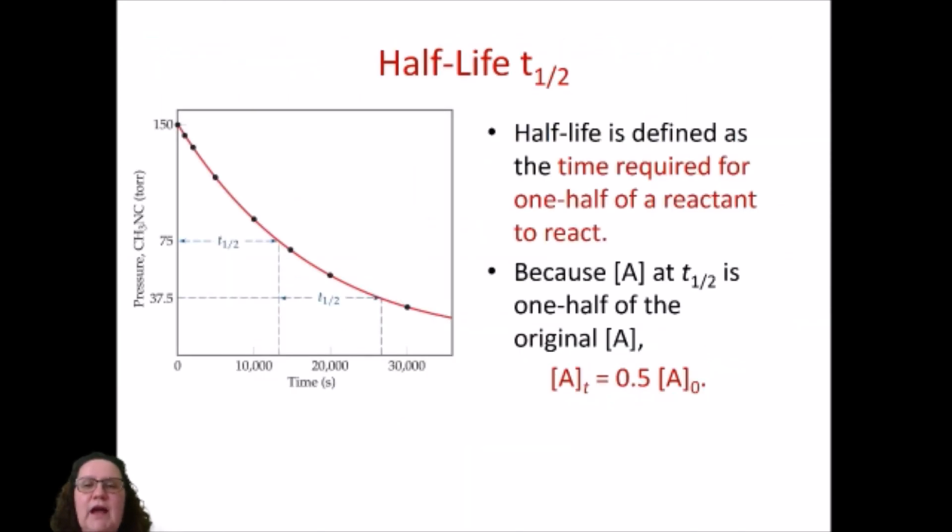Half-life, or t1/2, is defined as the time required for half of a reagent to react. So the concentration of the reagent at t1/2 will be half the original concentration. With this information, and using the different rate laws, we can work out how to calculate the half-life for the different reaction orders.